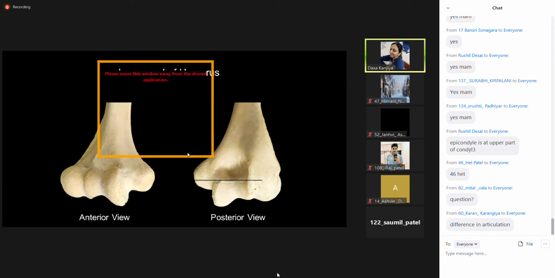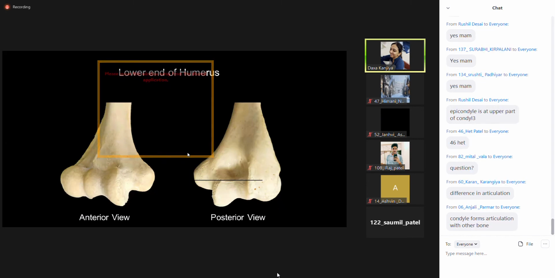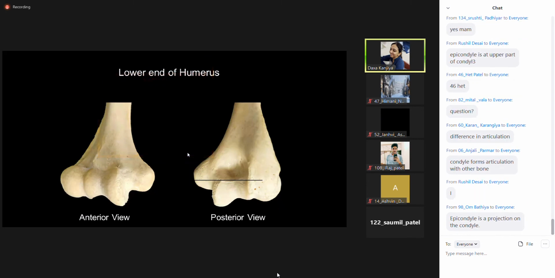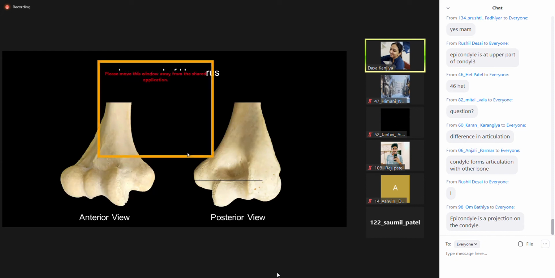Difference in articulation. Yes, condyle is the articular part. It articulates with the other bone, and epicondyle is the non-articular part. So that's the difference between epicondyle and condyle, right?